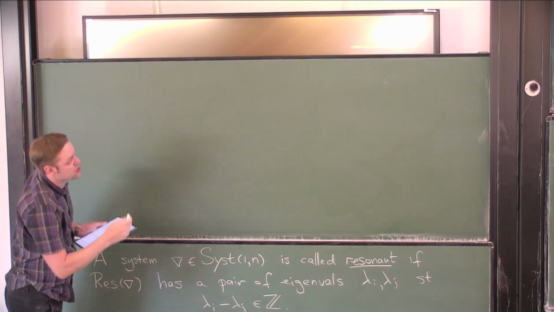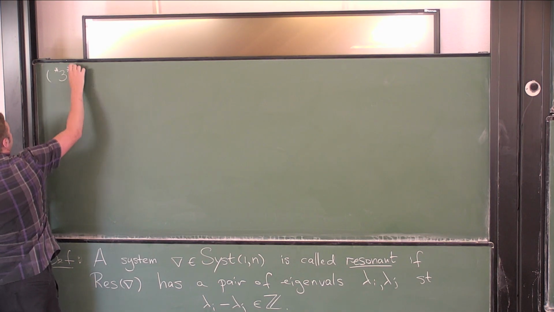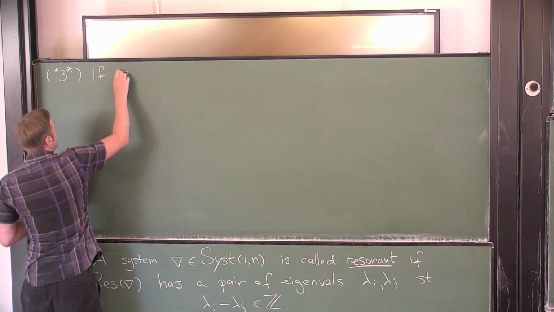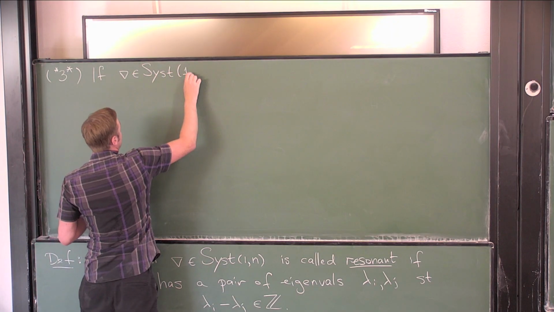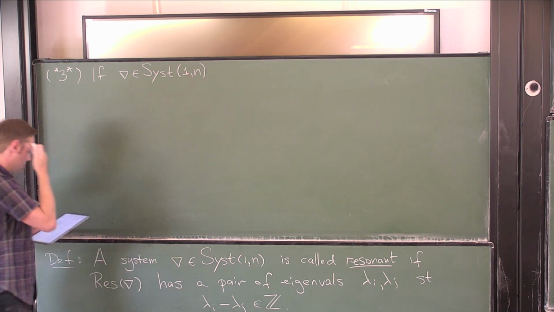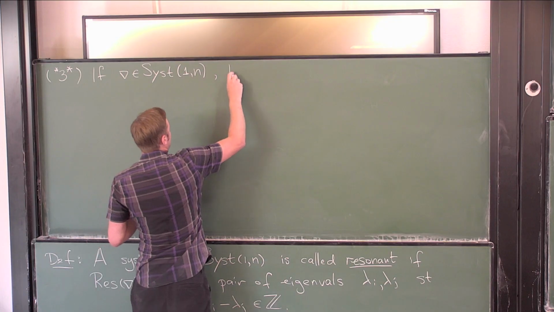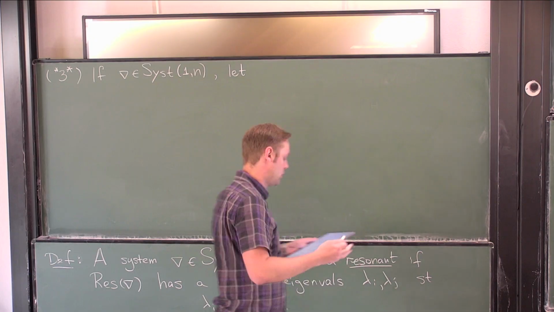So this is very much extra, Part 3 stuff. In general, if I have any system like this, resonant or not, then here's one way to construct a normal form for such a system.